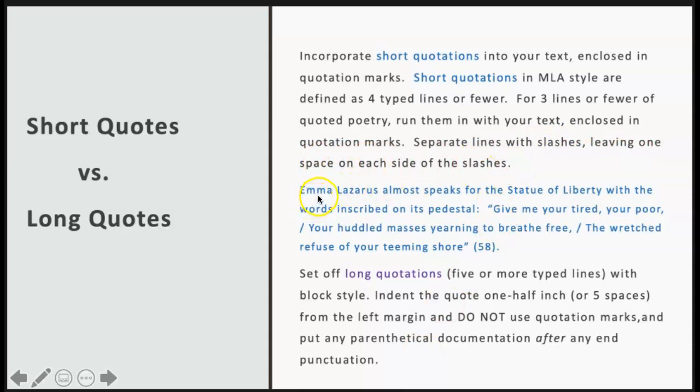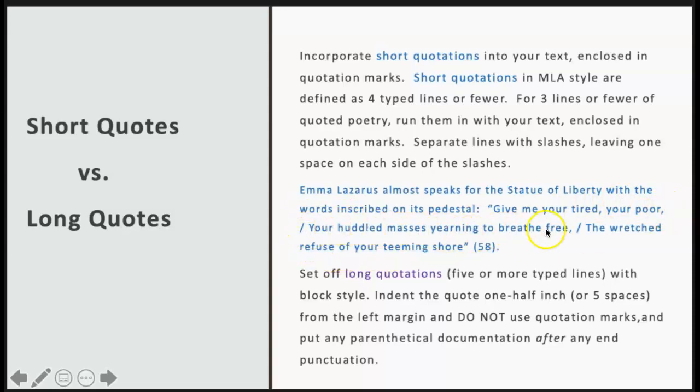Here's an example. Emma Lazarus also almost speaks for the Statue of Liberty with the words inscribed on its pedestal: Notice again, you've got the colon because the quote's been introduced. And quote, "Give me your tired, your poor." There's the slash for where that line of poetry ended and the next one begins. Notice there's a space before the slash and after the slash.